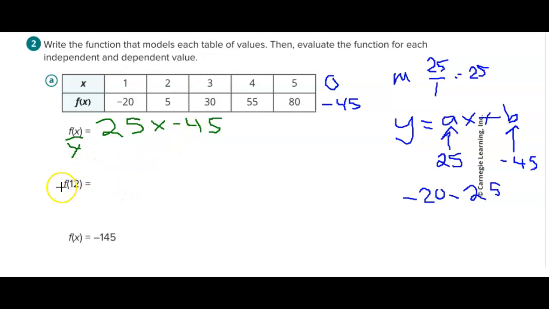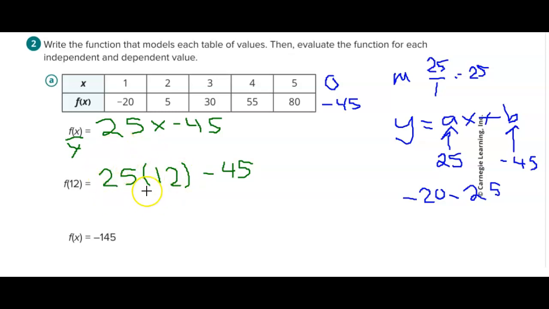So the first thing we want to do is calculate what our output equals when our input equals 12. To calculate that, you're going to substitute a 12 any place you see an x. This means 25 times x, and since we're putting in a 12 for x, this will be 25 times 12.